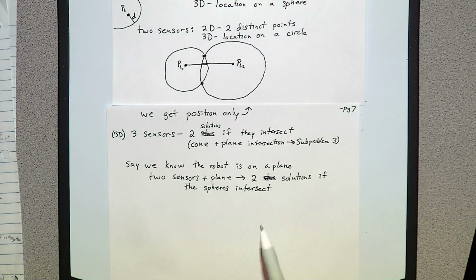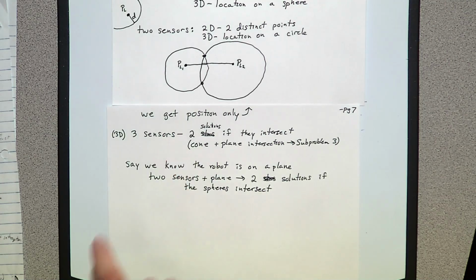And so basically you can use some a priori knowledge to reduce the number of sensors that you need, to help reduce some of the ambiguity in where you are.